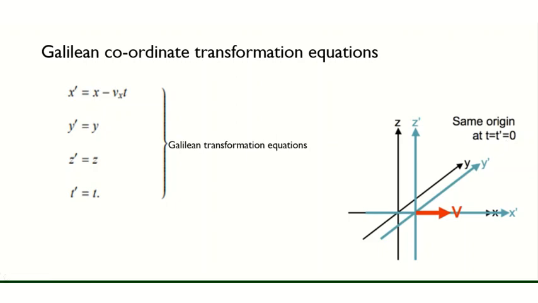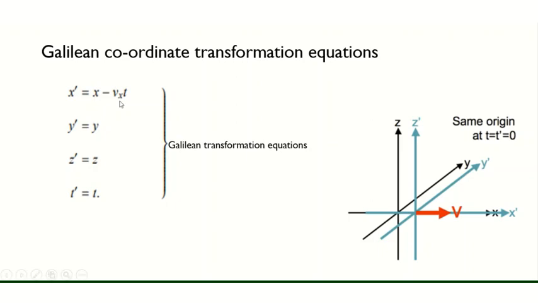After some time, the two frames observe an event taking place at a point, let's suppose P, and the space coordinates of this point P are x, y, z, comma t with respect to the rest frame S. With respect to the moving frame S dash, the coordinates of this point where the event occurs can be considered as x dash, y dash, z dash, and t dash.